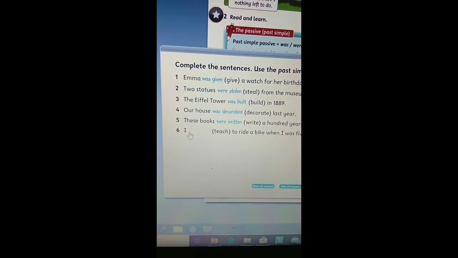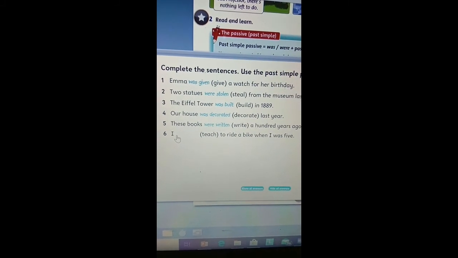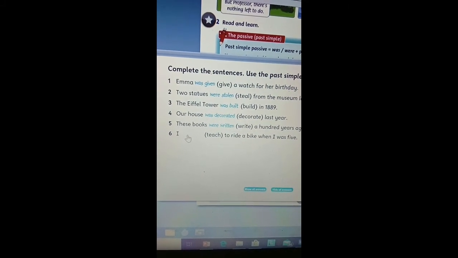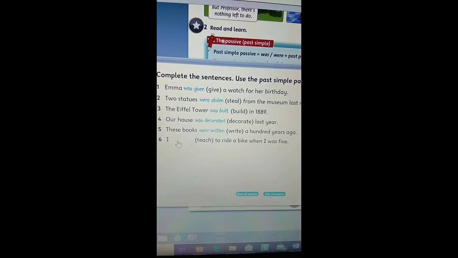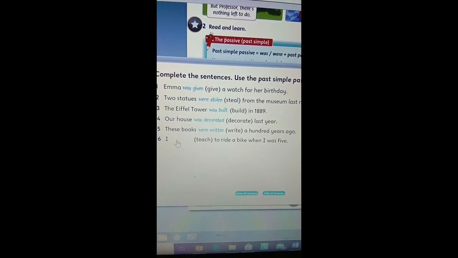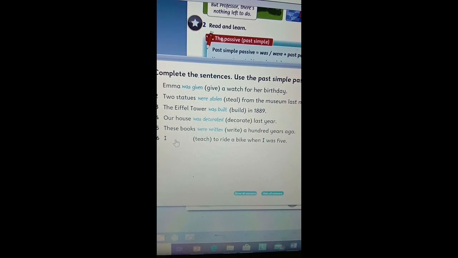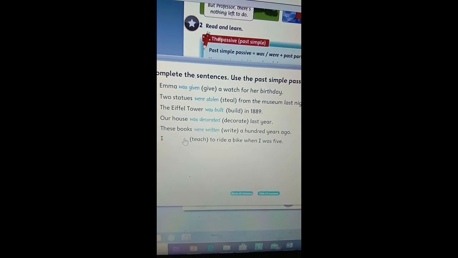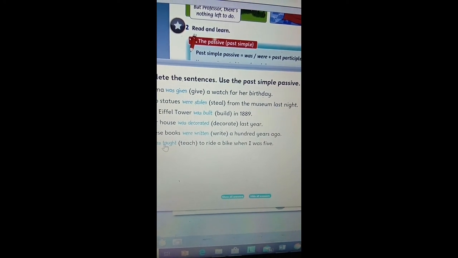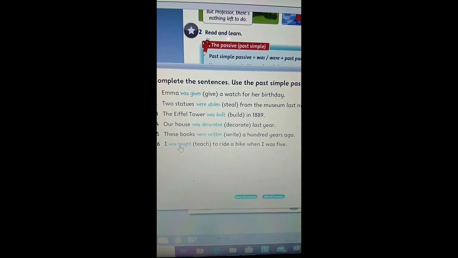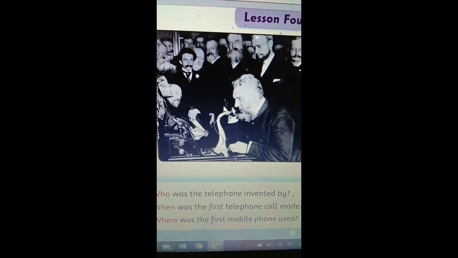And then the last one, I, so it's singular, I was, yeah? And the verb 3 of teach, it's not teached, it's taught. I was taught to ride a bike when I was 5. Page 111.